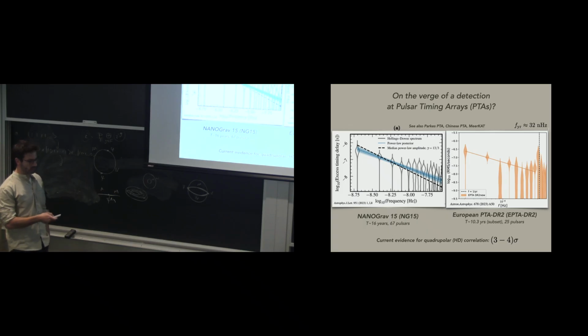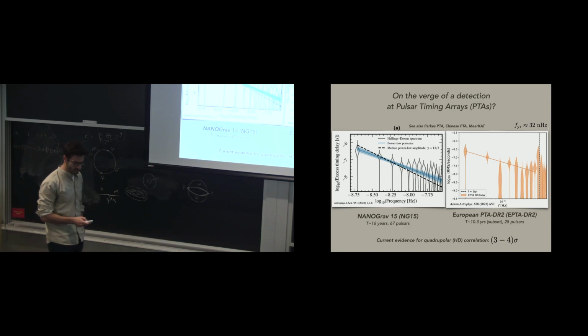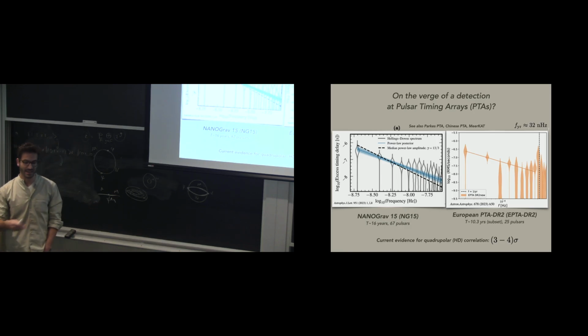I'm not showing it here because it's not the main focus of the talk. But the result from the collaborations is that currently there is a claim of 3 to 4 sigma evidence for those correlations, against, for example, other possible correlations. Hellings-Downs is the most favored one currently.